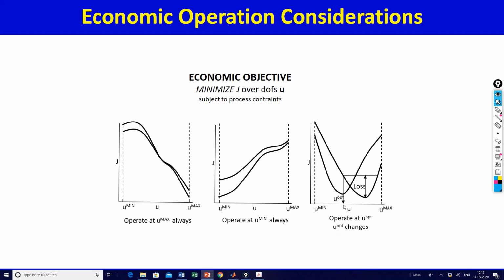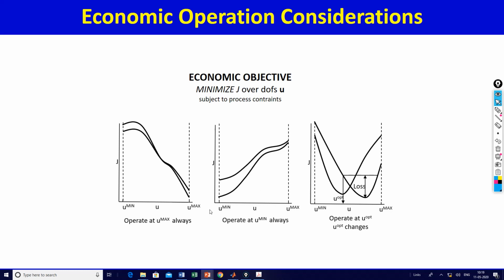So in this case, we want to operate at U optimum, but U optimum changes with the disturbance, so we need a way of tracking U optimum as there are unmeasured disturbances. So you need control to track the optimum, and this is what is called an unconstrained optimum.